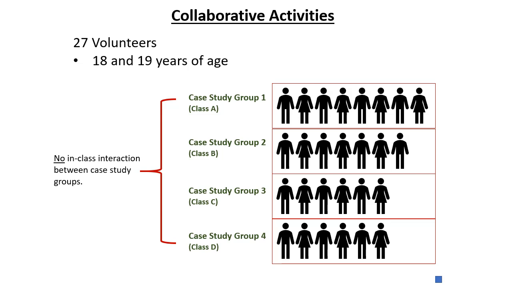The participants in the study were 27 volunteers between the ages of 18 and 19 years of age. They were separated into 4 case study groups, A, B, C, and D. Each of these groups were in a separate class and had no in-class interaction.